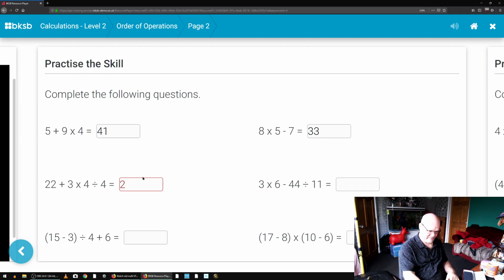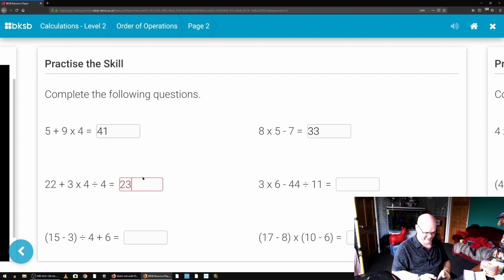I'd like to do that on my calculator first, just to see whether my calculator is clever enough to remember to do it in the right order as well. 22 plus 3 times 4 divided by 4 equals, I got 25. Or did I do it differently?